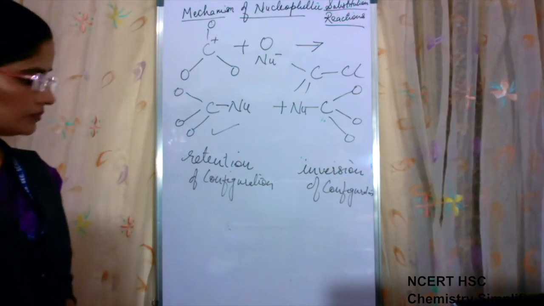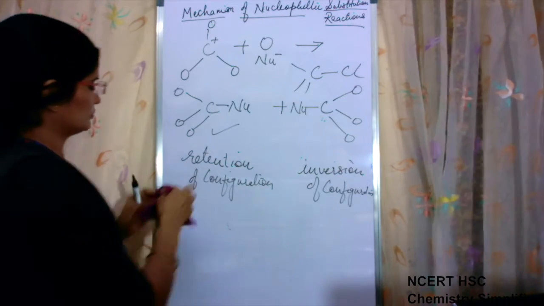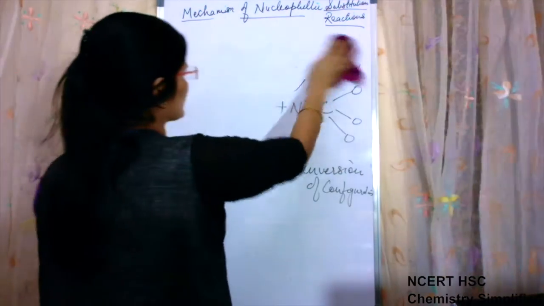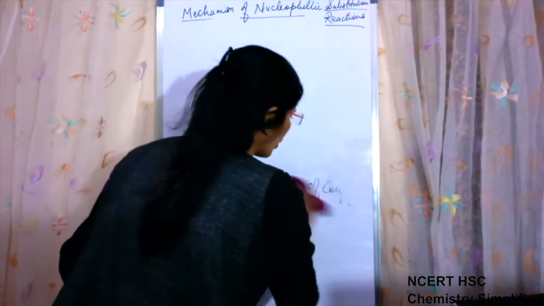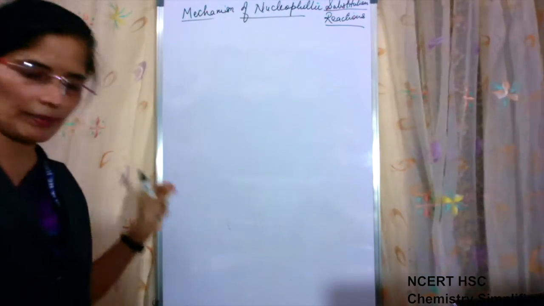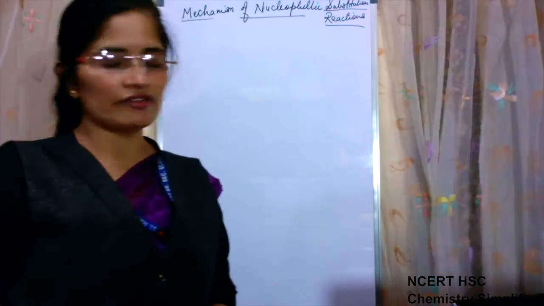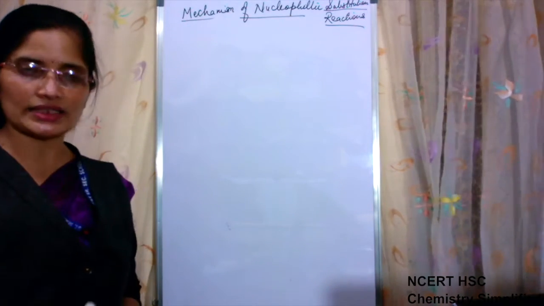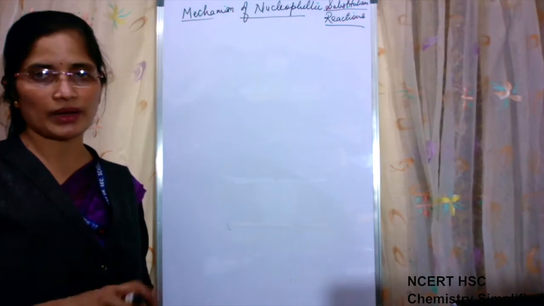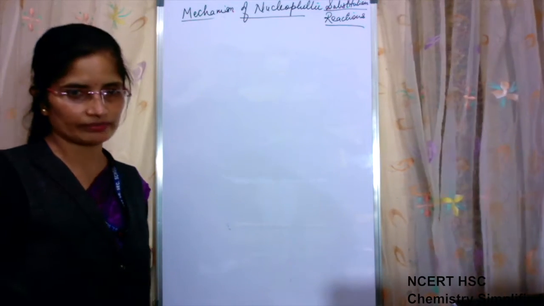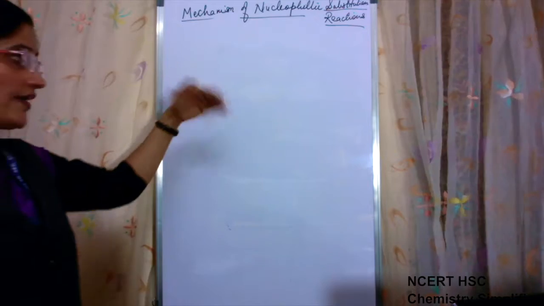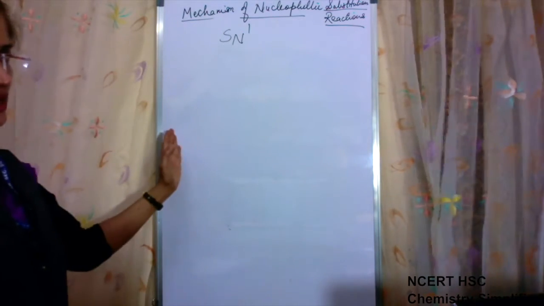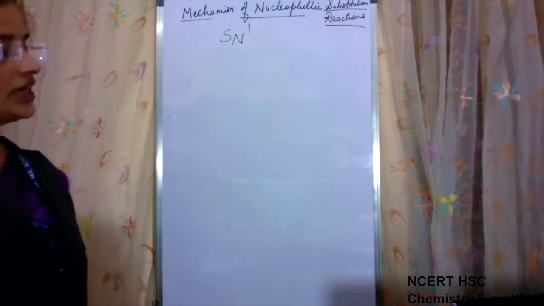So you can say that a normal SN1 reaction may proceed either by inversion of configuration or by retention of configuration, but an SN2 reaction will always proceed by inversion of configuration. Now what factors affect the SN1 reaction? In SN2 we have seen that 1 degree is faster than 2 degree is faster than 3 degree.